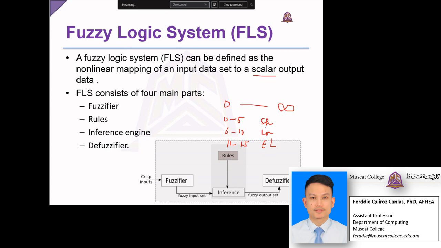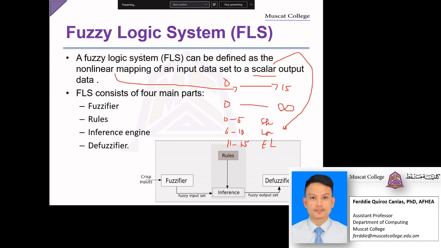When you say non-linear, this could be a value from 0 to infinity. It could be from 0 up to 15. So when you say scalar, we have to represent them in this form: 0 to 5 short, 6 to 10 long, 11 to 15 extra long. So in fuzzy logic, from non-linear mapping, we will represent the data into scalar like 0 to 5, and so on and so forth.